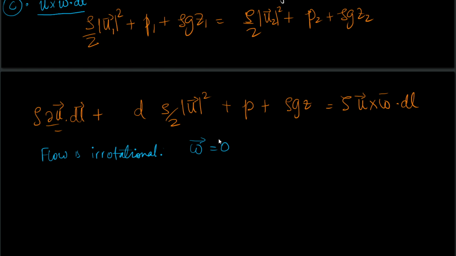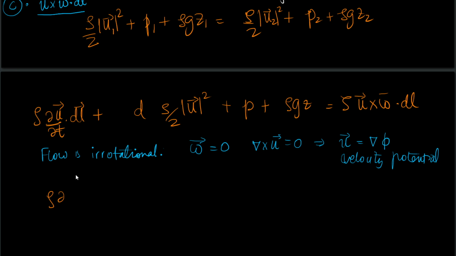So if the flow does not have any vorticity, then the curl of the velocity is equal to 0, meaning that the velocity can be represented as the gradient of a potential. This particular potential is called the velocity potential. So if the curl of a vector is 0, then the vector can be represented as the gradient of a scalar. And this is nothing but that statement. So in that case, the first term becomes rho del grad phi del t dot dl.